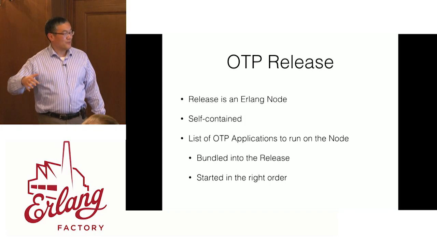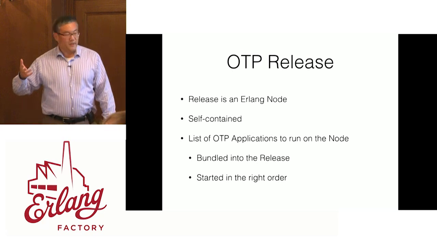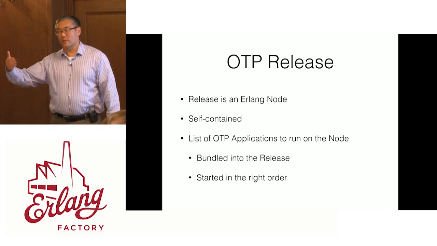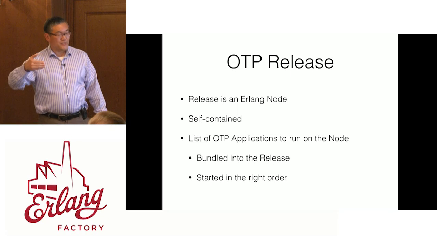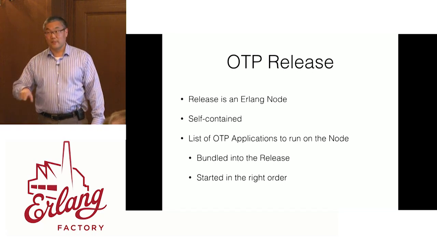And when you configure the release, you tell the release manager the list of applications that you want to be included in that release. The release manager then looks at the dependencies first and makes sure that all the dependencies are available.